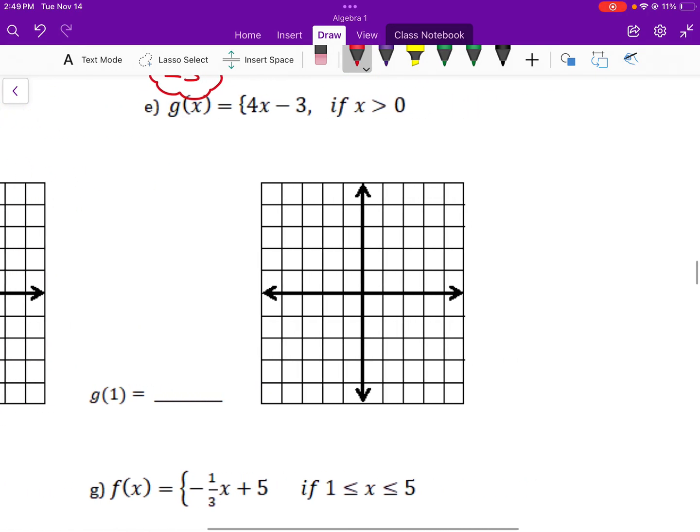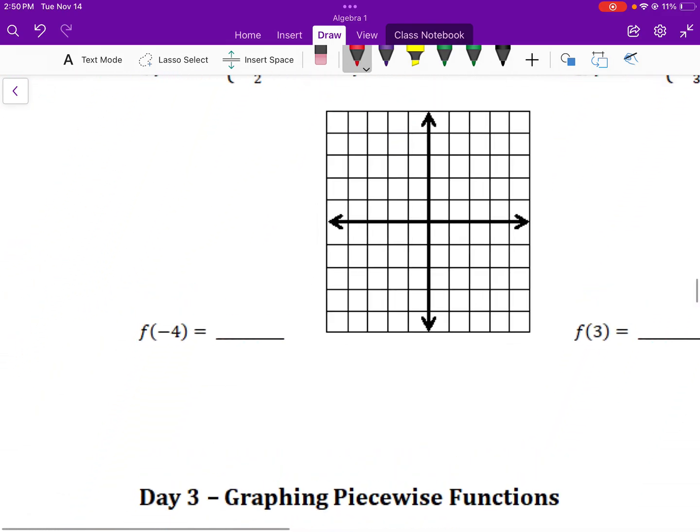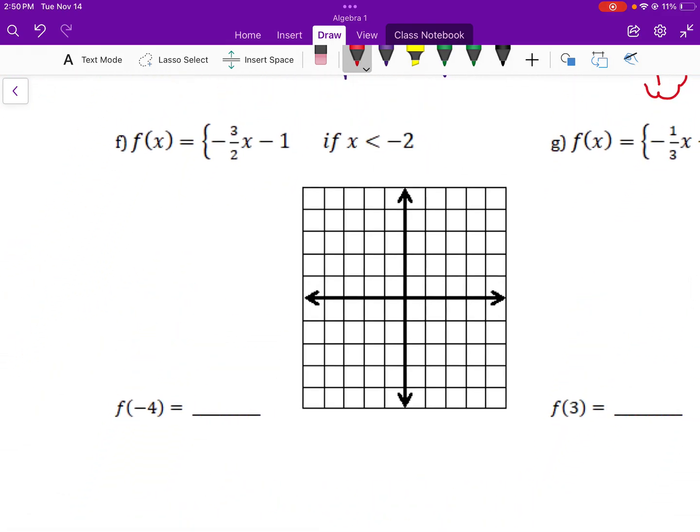Next one, we have our rule saying my slope is 4, b is -3, so down 3, up 4, right 1, up 4, right 1. I'm cutting at 0, and I want x greater than 0, so open circle to the right. Then g at 1 would be 4 times 1 minus 3, that's 1. Next one, we have a slope of -3/2, b of -1.